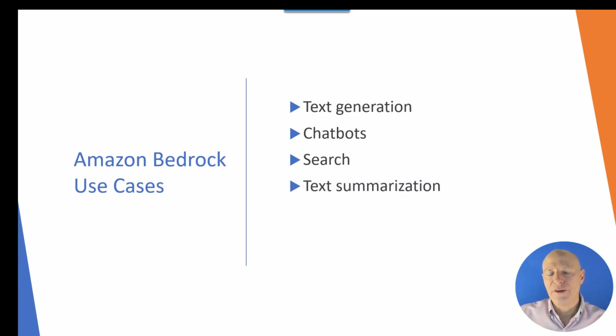Text summarization. Get a summary of textual content such as articles, blog posts, books, and documents to get the gist without having to read the full content. Image generation. Create realistic and artistic images of various subjects, environments, and scenes from language prompts. Personalization. Help customers find what they're looking for with more relevant product recommendations than word matching.